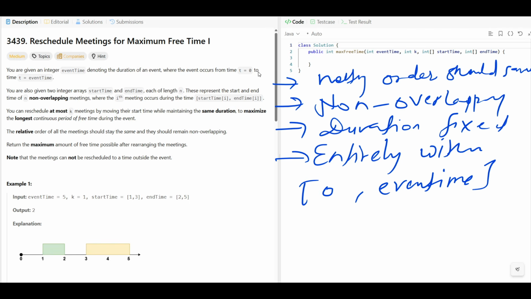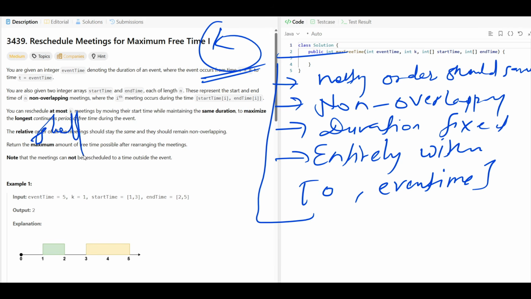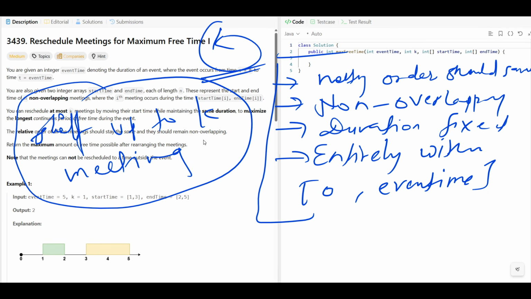So k is the maximum number of meetings you can shift to start earlier, while keeping in mind these things: same order, non-overlapping, fixed duration, and entirely within the day. And what is our goal? Our goal is to shift up to k meetings earlier.